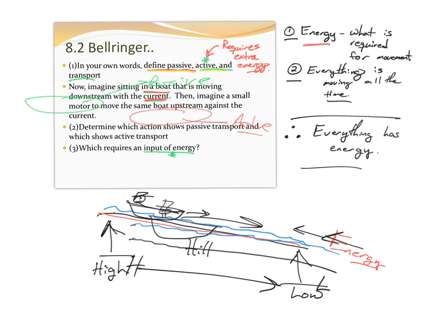Which one of the two shows active transport? Why does active transport require energy? Because you're going against the concentration gradient. Or rather, in this case, you're going against the gradient. Of course, going upstream requires input energy. That's right. Everybody good with that?